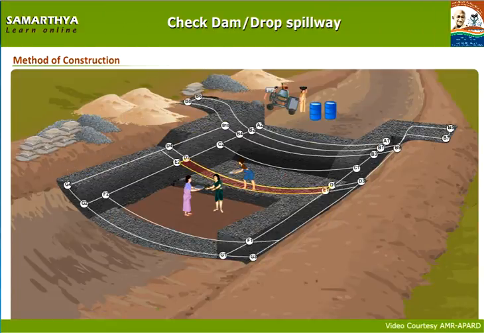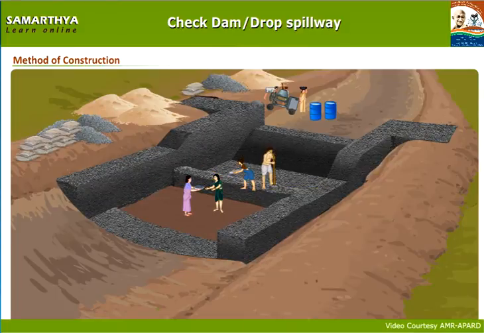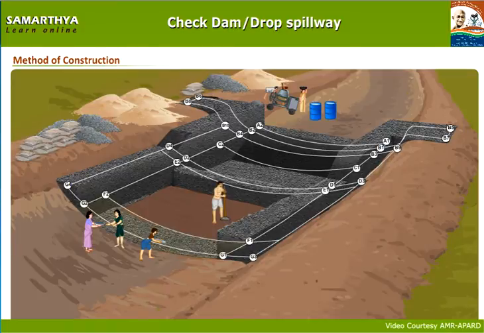Construct water cushion wall by depositing CC 1:3:6 at the center of D1, D2, E2, E1, which shows downstream cutoff wall with 0.30 meters width and up to a height of 0.30 meters.